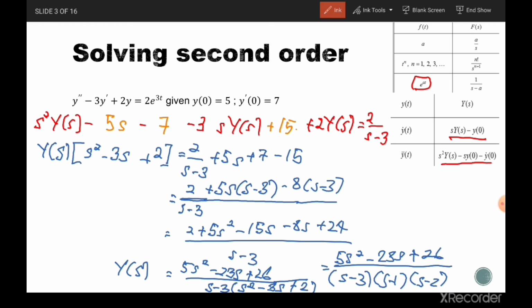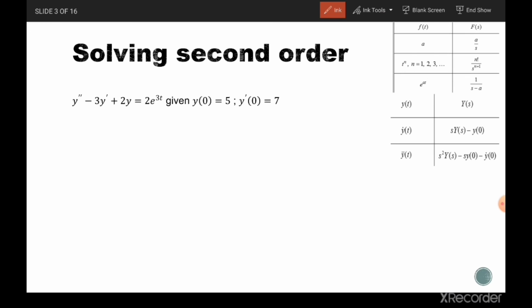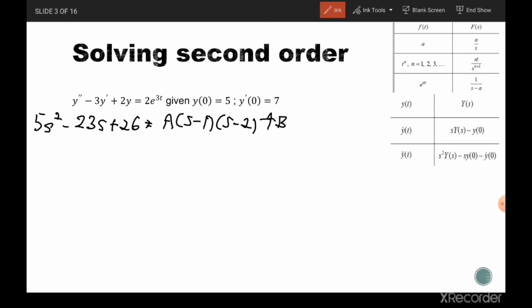Okay, so now we can do the partial fraction. I write again the previous equation. So now we want to do the partial fraction: A over s minus 1, B over s minus 2, and lastly C.